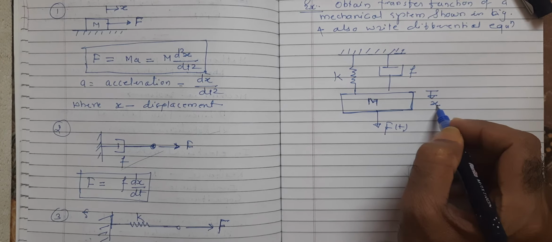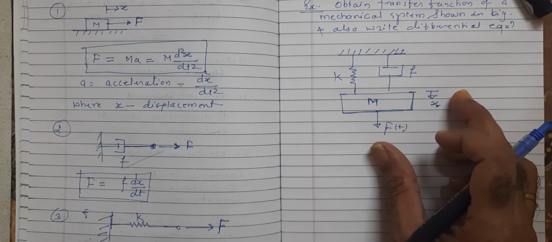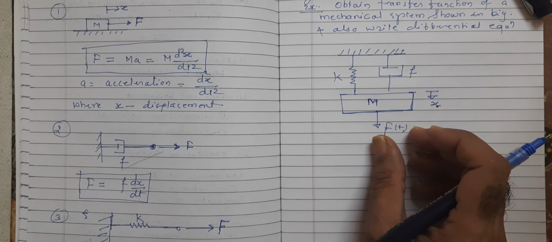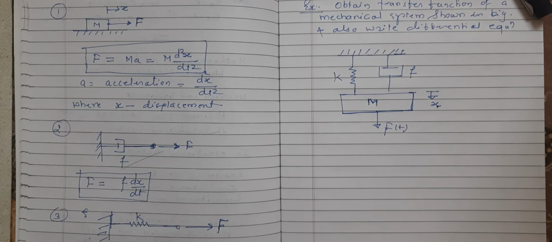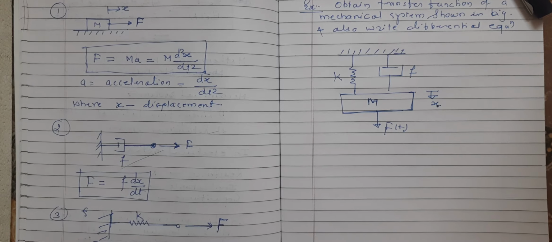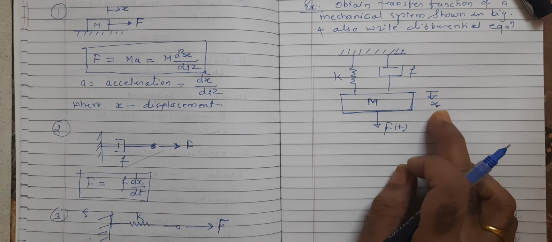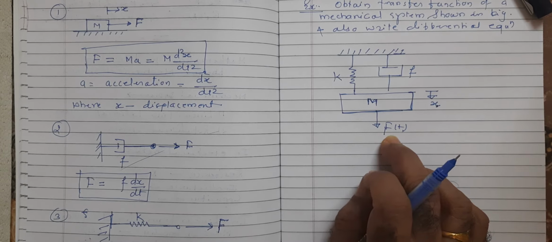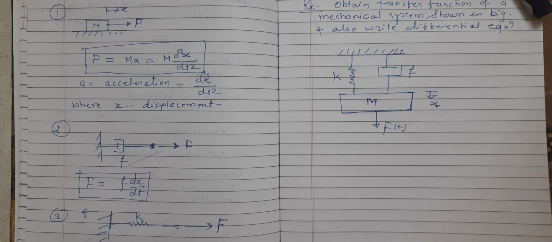So x of t divided by f of t will be our transfer function. Transfer function is always the ratio of the Laplace transform of output to the Laplace transform of input. So what is the output? That is x of t, and what is the input? That is f of t.